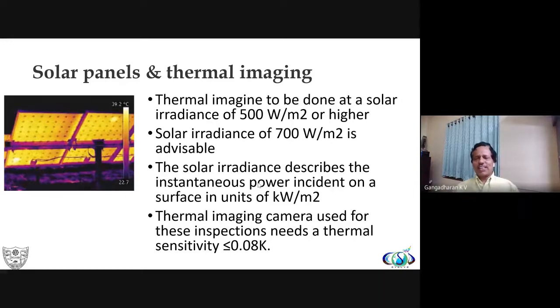This solar irradiance is an instantaneous power. It can be measured, and the camera needs this kind of approach. Otherwise, what you take is not an operational one. This is one of the learnings we had.